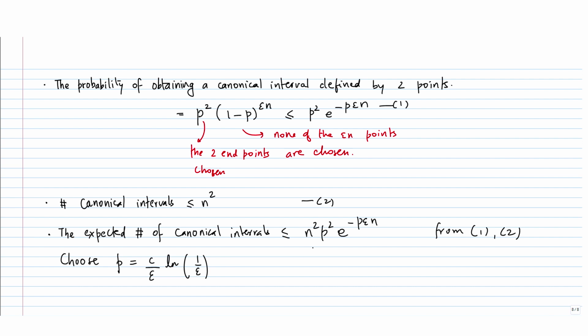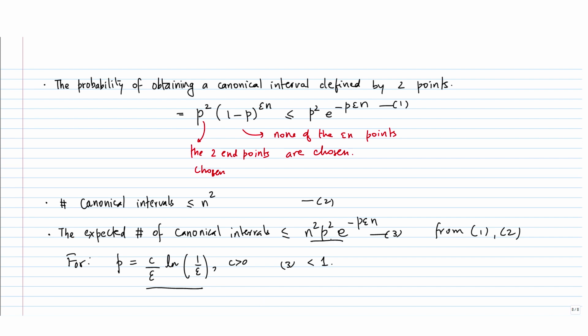Then this quantity is strictly less than 1. This is a calculation you can do and check that if p is c over epsilon n times log 1 over epsilon, then the expected number of canonical intervals is smaller than 1.